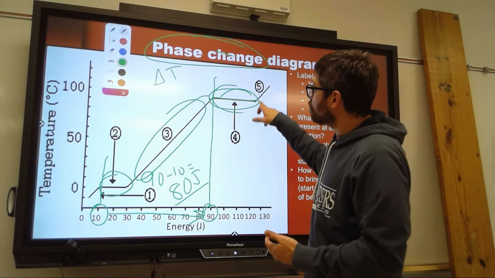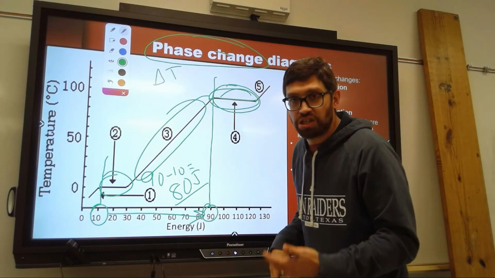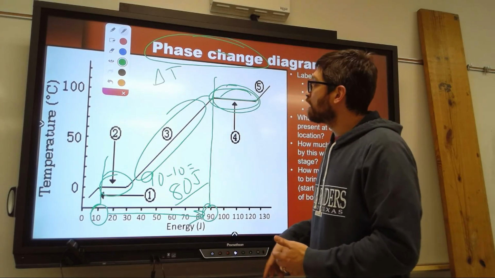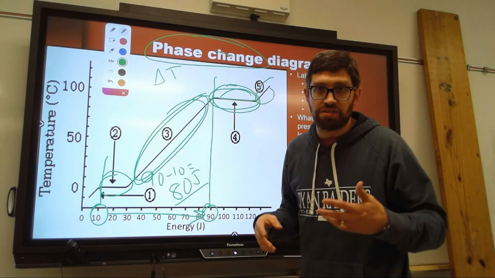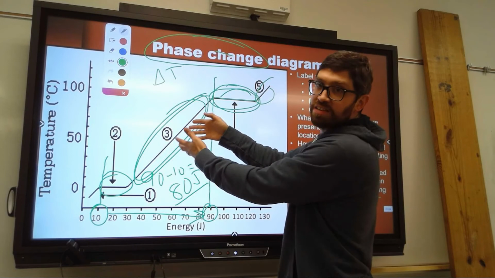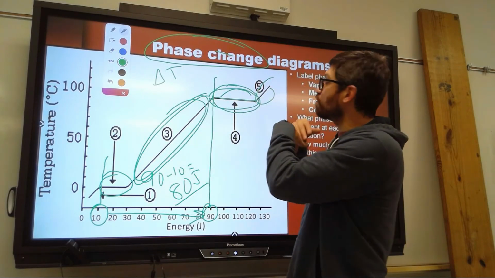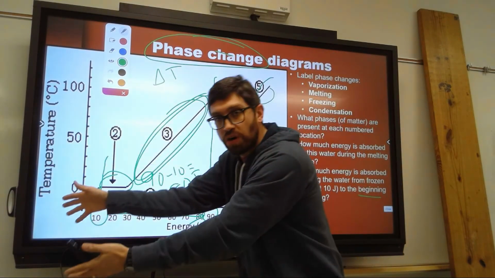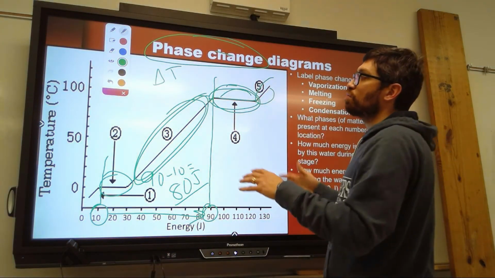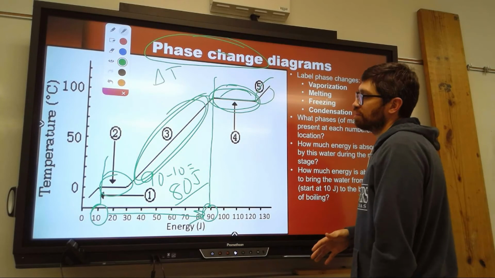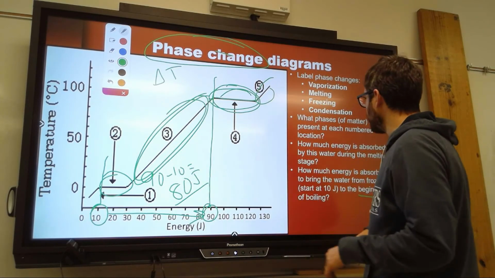So at a phase change, temperature does not change. It can't. And when temperature is changing, the phase doesn't change. There's only one phase of matter present at number 3, and that's a liquid. At number 5, it's all gas. Number 1, it's all solid. So there's either phase change or temperature change going on at any time in this graph. Should have mentioned that earlier, but we've got it now.